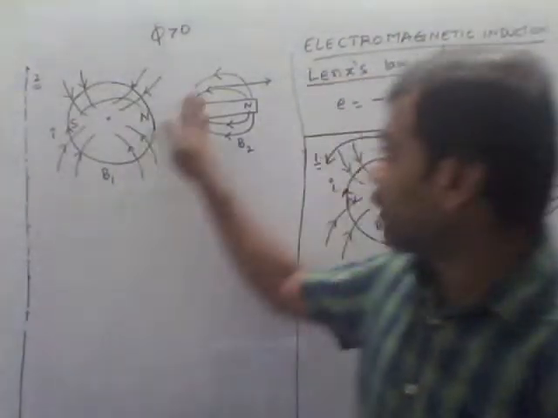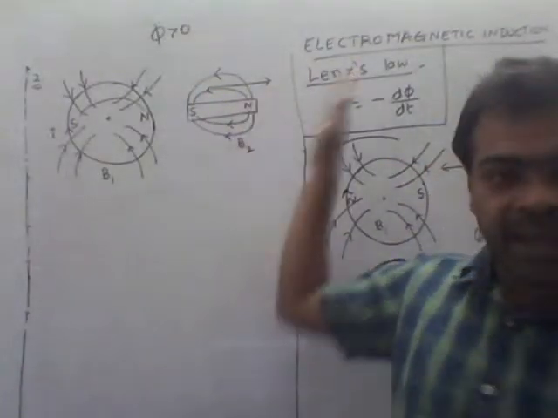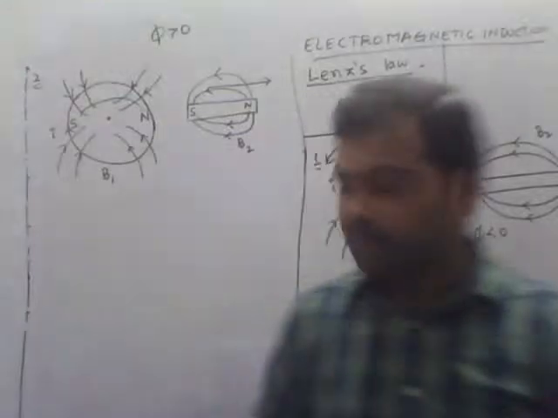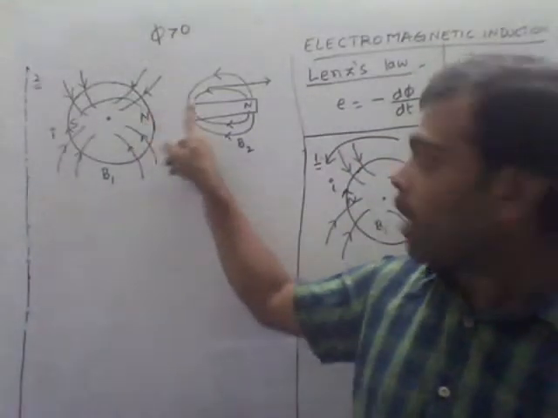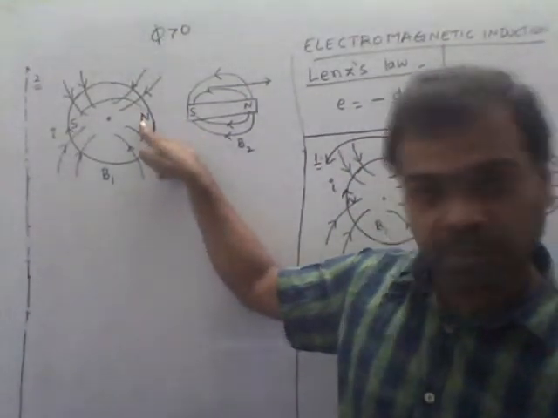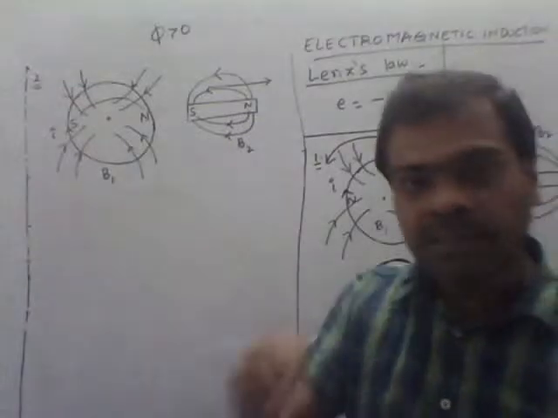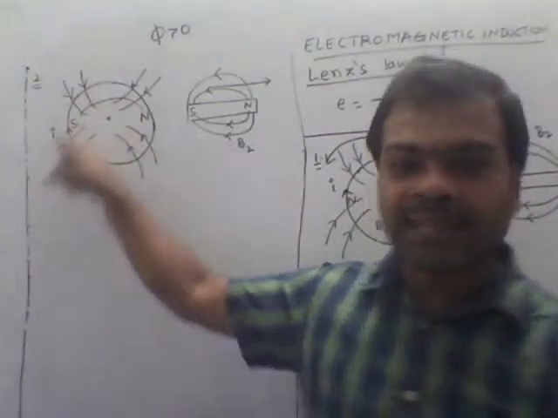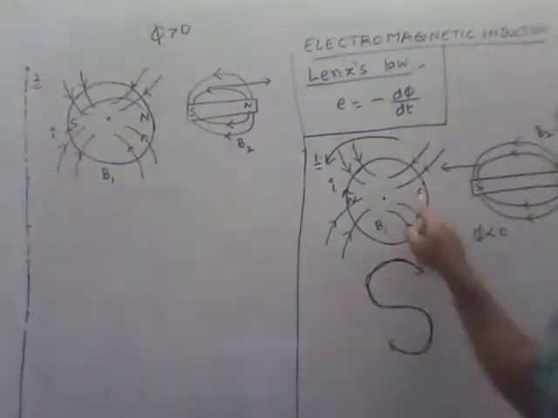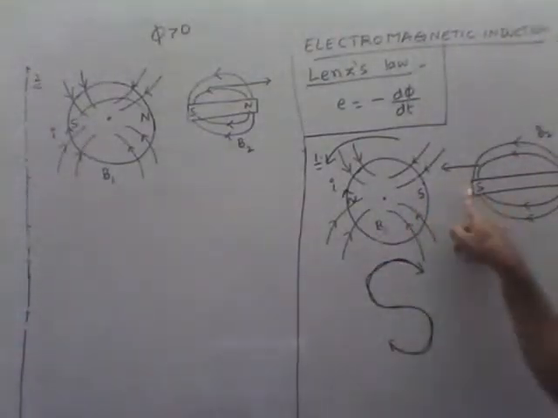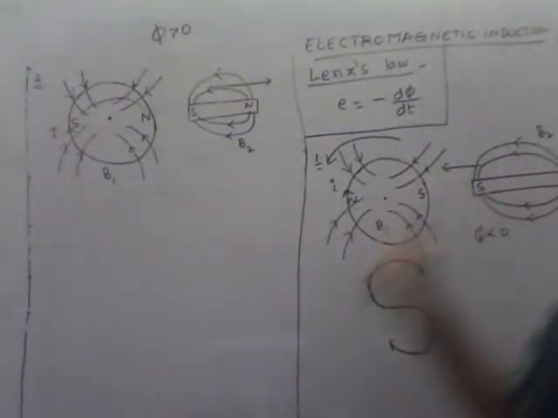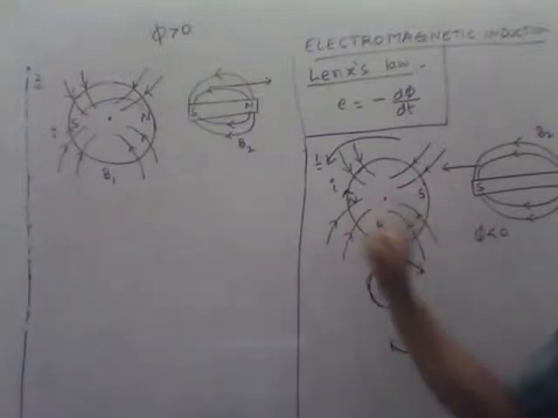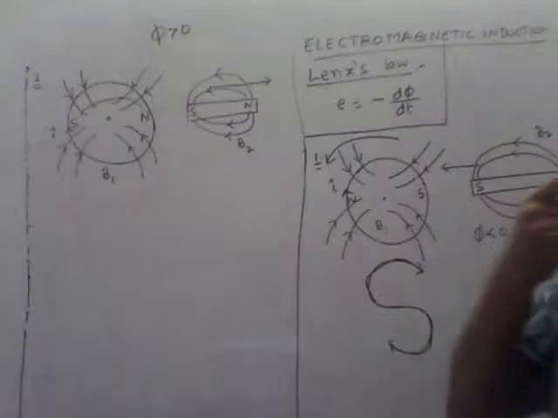Here, whenever the magnet is moving away, what will happen? The coil will attract the magnet. So near the end of the magnet we will have the north pole because of attraction, and the other side will be south pole. Since it is repulsion, near the end of the magnet we should have the same pole. Here it is south pole and here it is north pole.